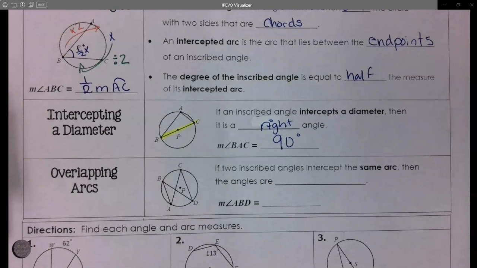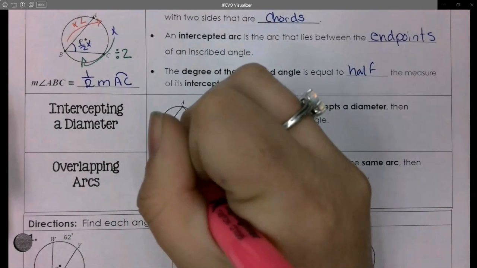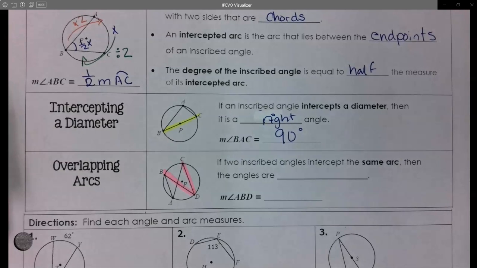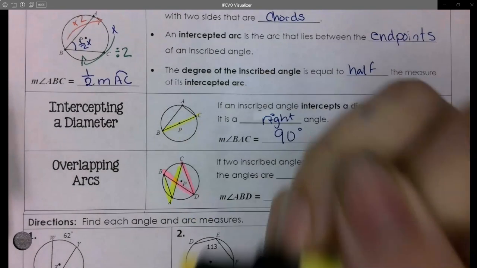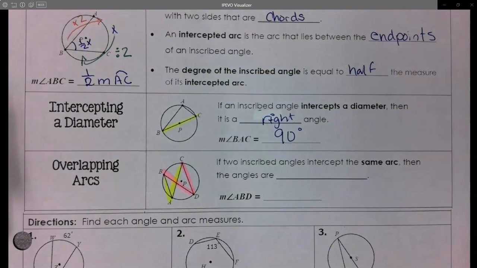The next thing is overlapping arcs. So notice that I have this angle right here, and then I also have this one right here that both equal BC. These two angles are going to be congruent.